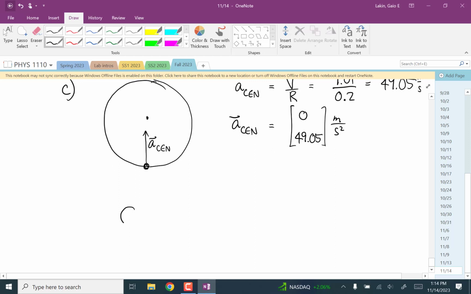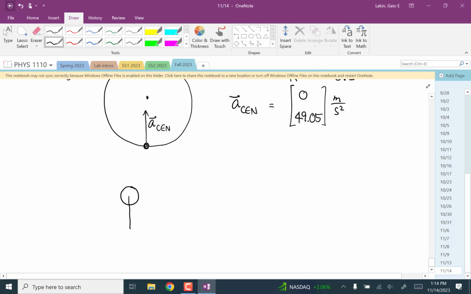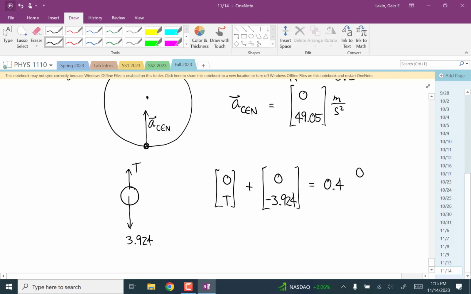And now we'll go to a free body diagram. We have the weight force of 3.924 newtons down. We have the cable force, T. Newton's second law says (0, T) plus (0, -3.924) is equal to the mass times the acceleration.